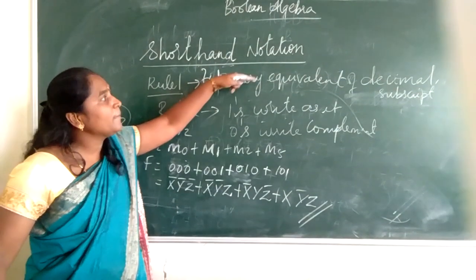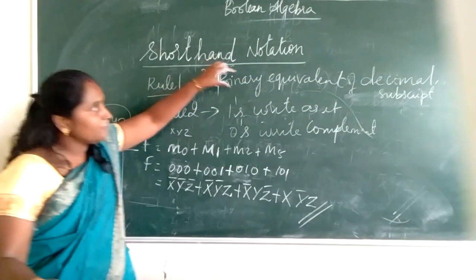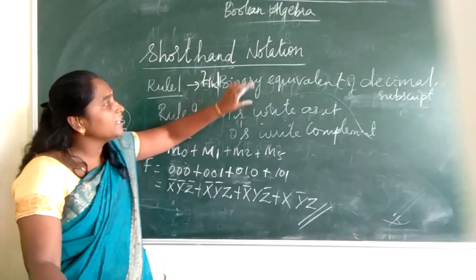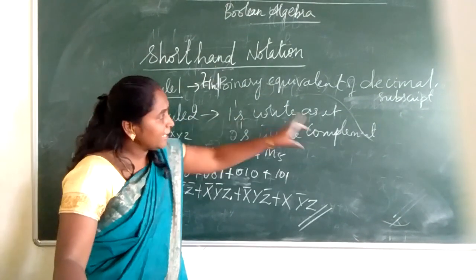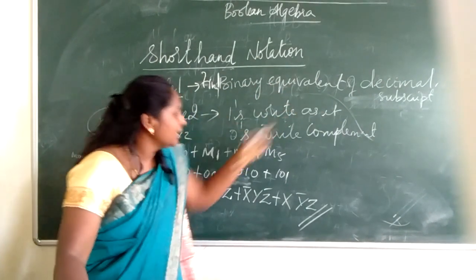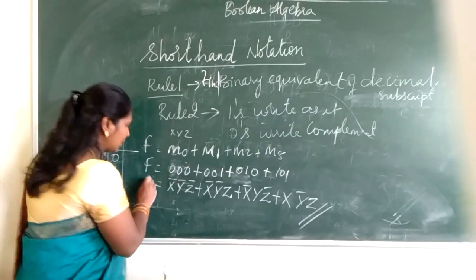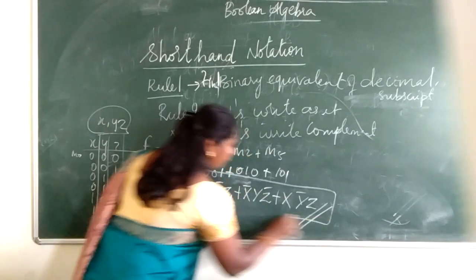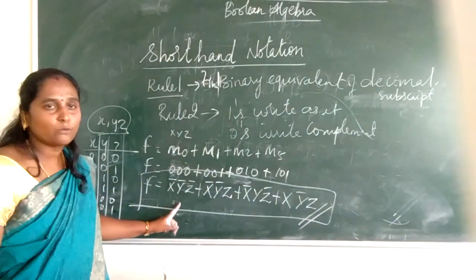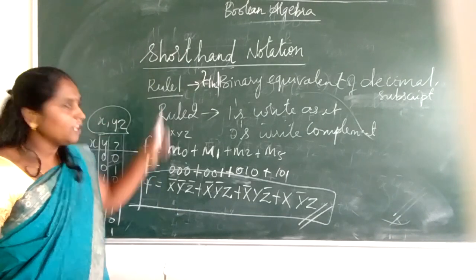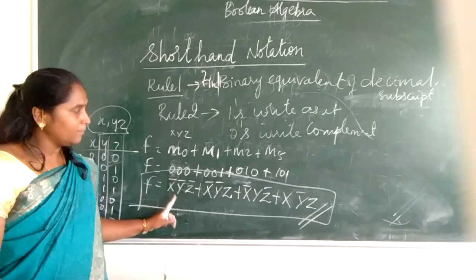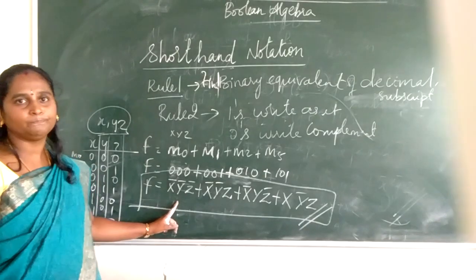That is, find the decimal equivalent of the given decimal subscript. You find the binary equivalent, then write the complemented literal when it is 0 and the literal as it is when it is 1. Then you form the expression. Such an expression whatever you have formed, we call it the canonical SOP. Using a shorthand method, you perform a canonical SOP or canonical min term expression.